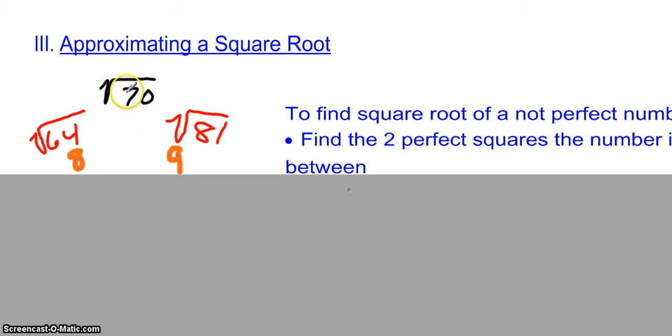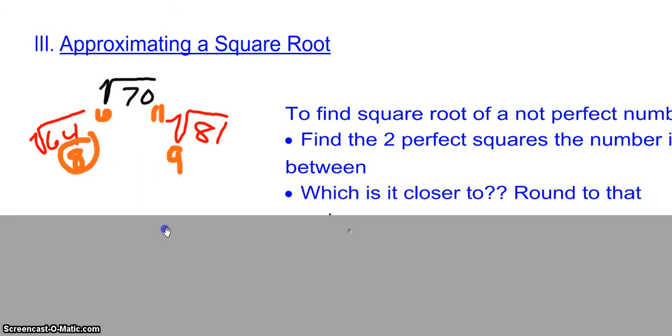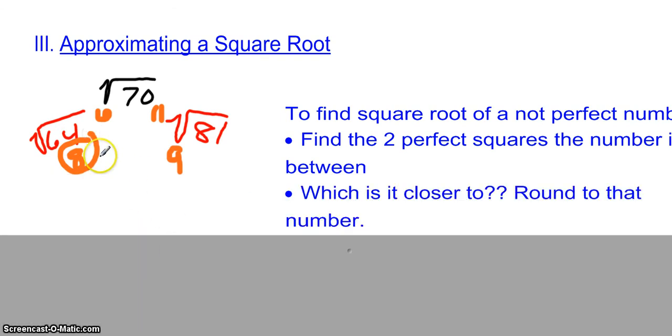So, is the square root of 70 closer to 8, or is it closer to 9? Let's see, 64 is just 6 numbers away from 70, and 70 is 11 away from 81. So which of these 2 perfect squares is 70 closer to? 8. So our answer will be 8. We just round to the integer that this root is closer to, which is 8.